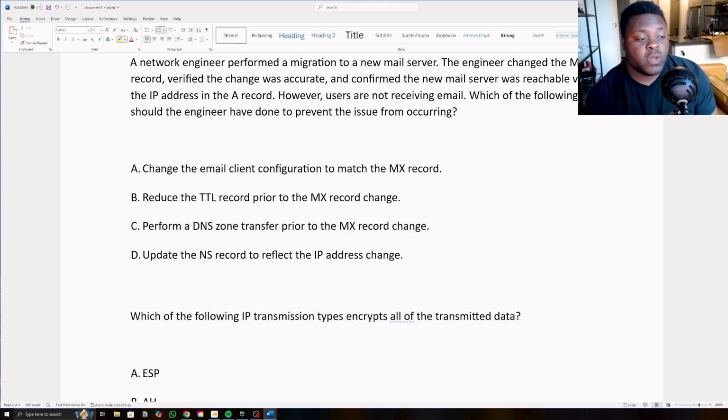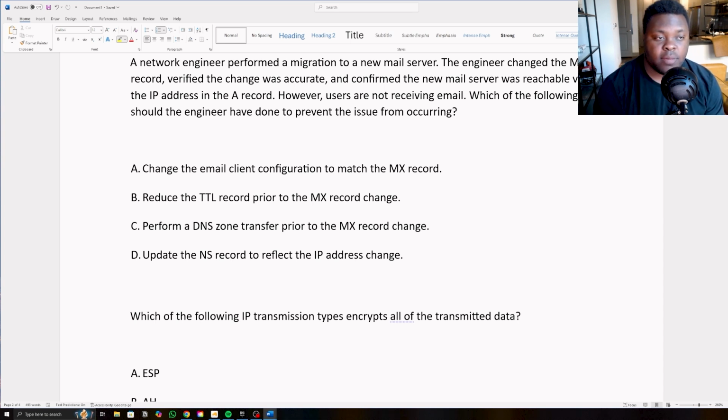Answer choice B is reduce the TTL record prior to the MX record change. TTL stands for time to live. That seems like a good answer choice because it looks like the network engineer was able to access the mail server after the change, but users have not been able to access it yet.